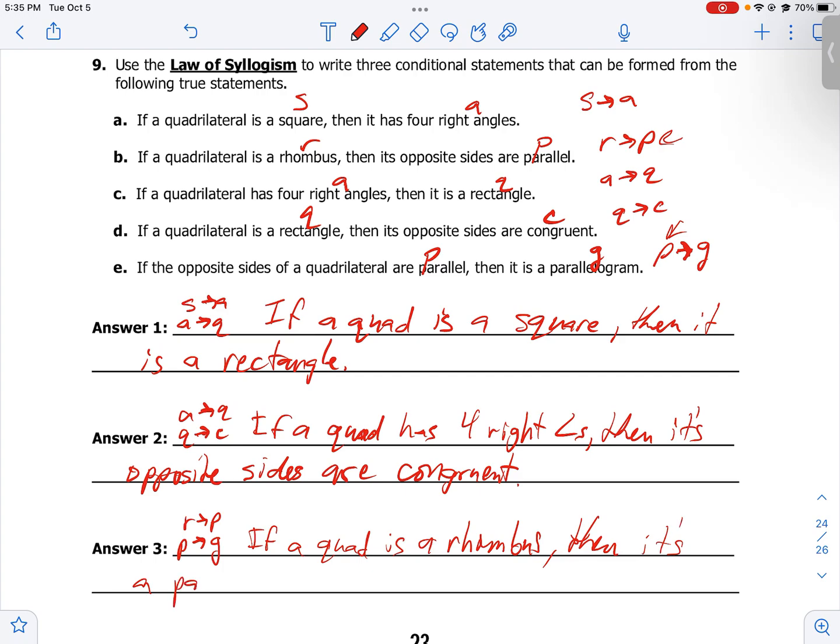There you go. Boom. 3 different law of syllogisms there.